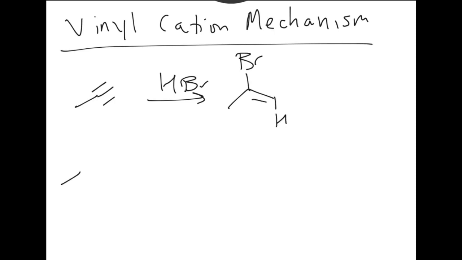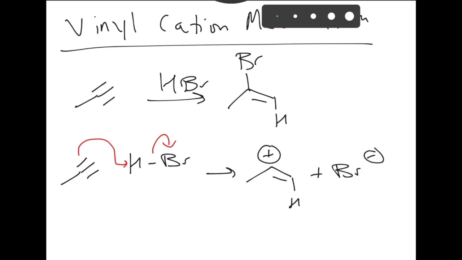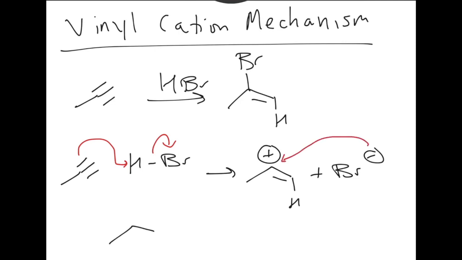The vinyl cation mechanism is we're just stealing almost exactly the alkene mechanism, right? We have a pi bond, we have HBr, the pi bond adds to the hydrogen, breaks the hydrogen bromine bond. That makes a carbocation plus Br minus. That Br minus adds to the carbocation and gives you your product.